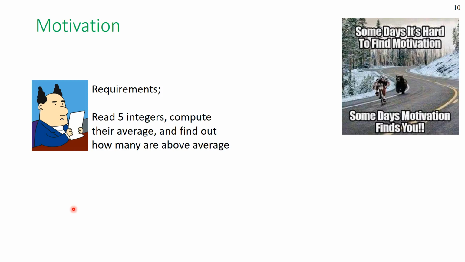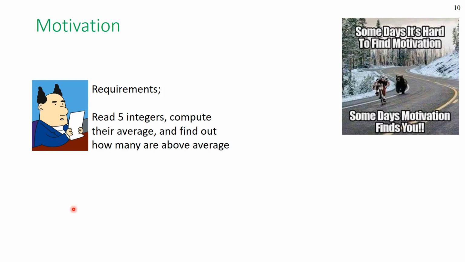The problem with this is that for me to decide if the value that you give me right now is above the average, I need to first have read all of the values from you and computed that average. Once I have read every value from you and computed the average, I need to go back and revisit the first value that you gave me, the second, the third, etc., and compare it to the average to know if I need to keep it or not, okay?